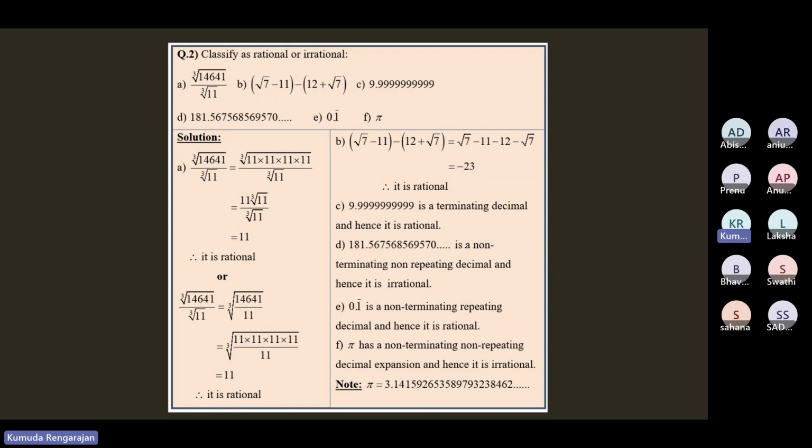Here also you can see 14641 is 11 into 11 into 11 into 11. So you have to do this method: 14641, 1331 times 11, 121 times 11, 11 times 11.